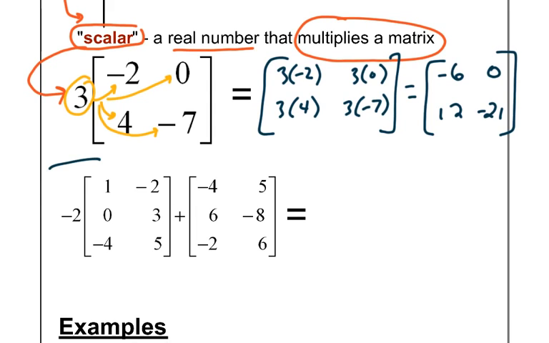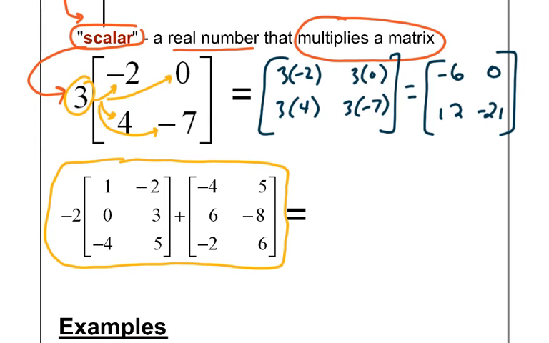All right, let's try this next one over here. Now, notice first of all, friends, that the -2 is a scalar. But I ask you a question: is the -2 multiplying the first matrix, the second matrix, or both? If you look literally at it, it's only attached to the left matrix. So the -2 is only going to multiply into that matrix. It's going to multiply all 6 terms on the inside, but it's not going to multiply the second matrix.